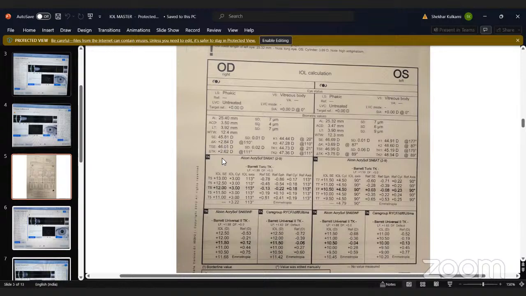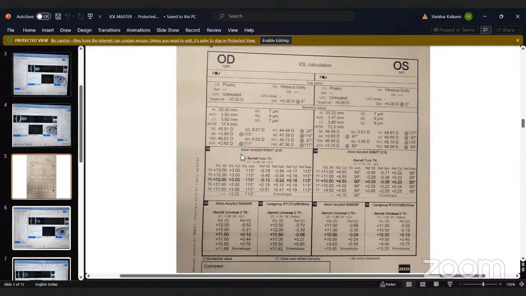The delta K values are plus 2.62 diopters. What is the steeper axis and the flatter axis? The steeper axis is at 111 degrees and the flatter axis is at 21 degrees.